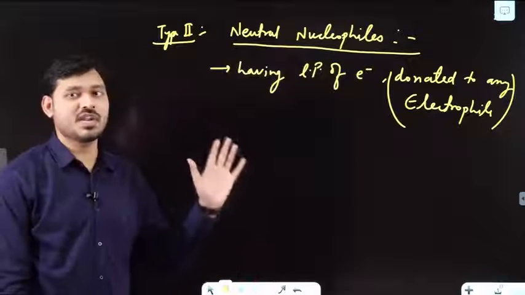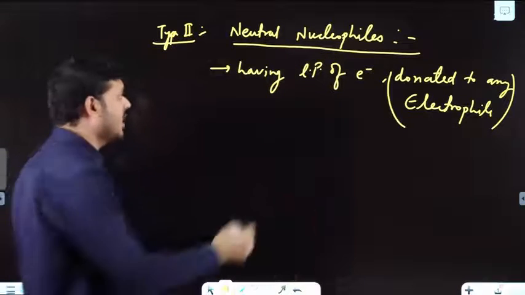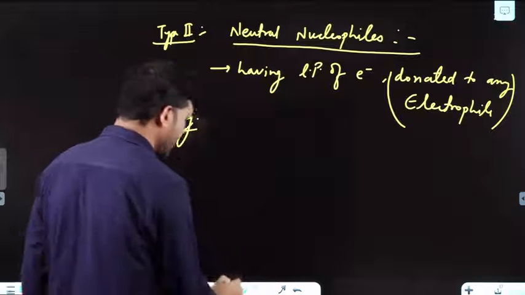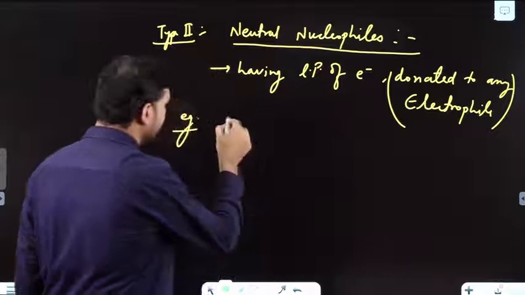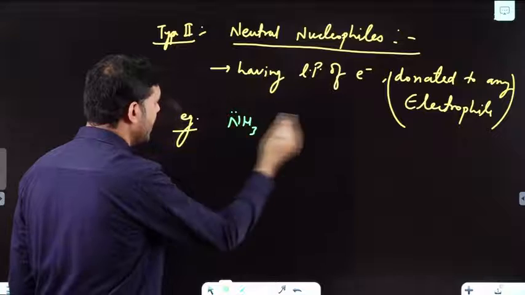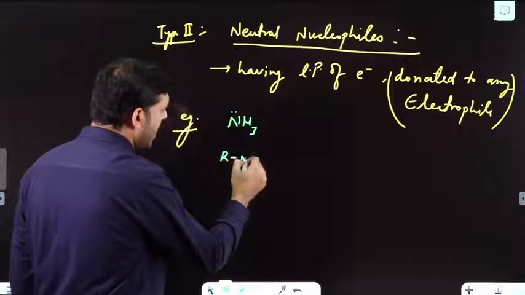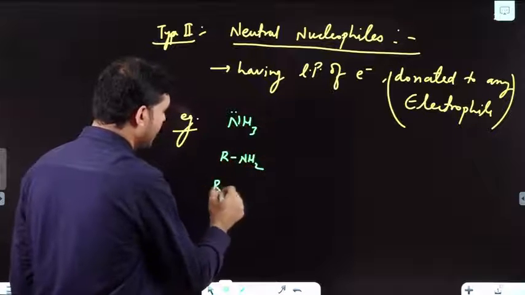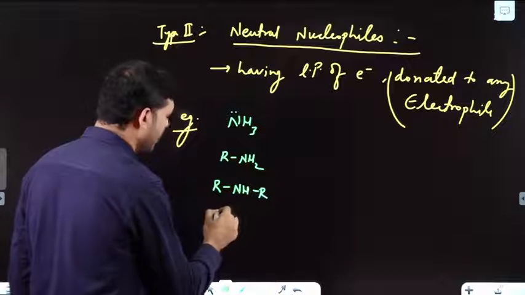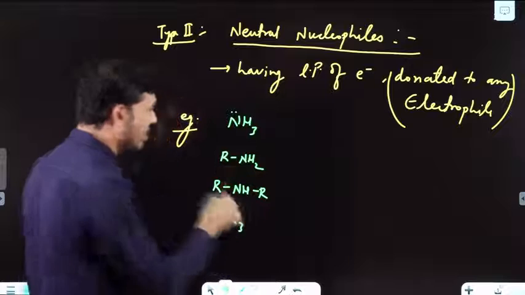They have lone pair of electrons which can be donated to any of the electrophiles. Okay, for example, it may be NH3, as we know it is ammonia. Now ammonia derivatives, it may be RNH2, it may be RNHR, or it may be NR3, all these cases.